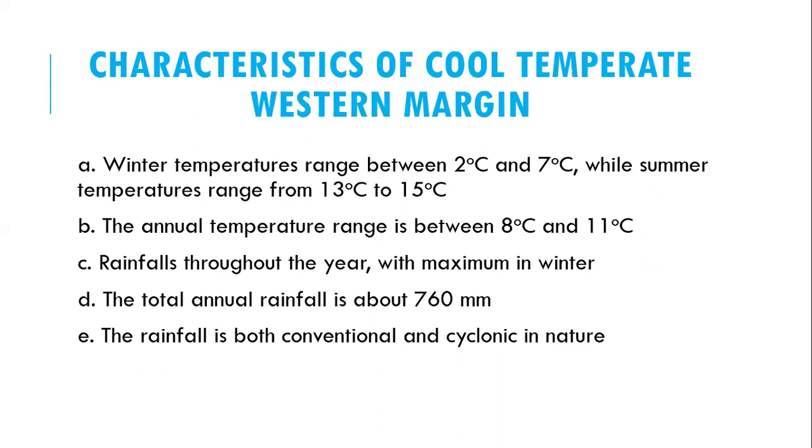Rainfall occurs throughout the year, with the maximum in the winter. The total annual rainfall is about 760 mm, and the rainfall is both convectional and cyclonic in nature. So these are the kinds of rainfall experienced with this climate.